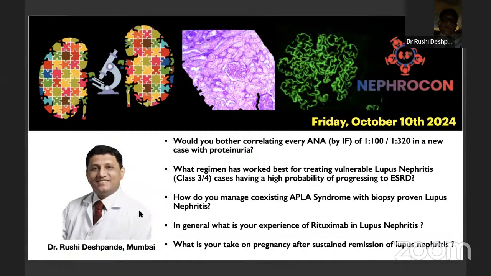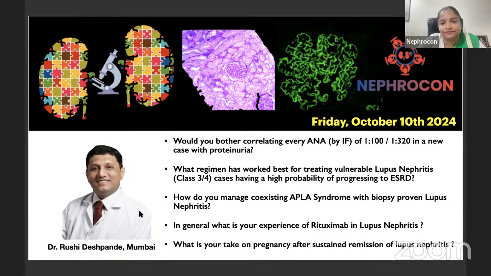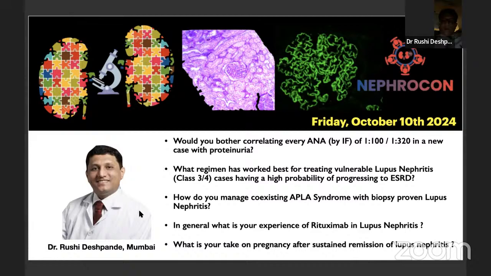That is one of the reasons why this ANA titer has been brought down in the newer guidelines. Because what people have observed is when you write off an ANA of say 1 in 100 or 1 in 160 as not significant, you will be caught on the wrong foot when after 6 months, 1 year, these patients come with a proper full-blown lupus, satisfying all your criteria.